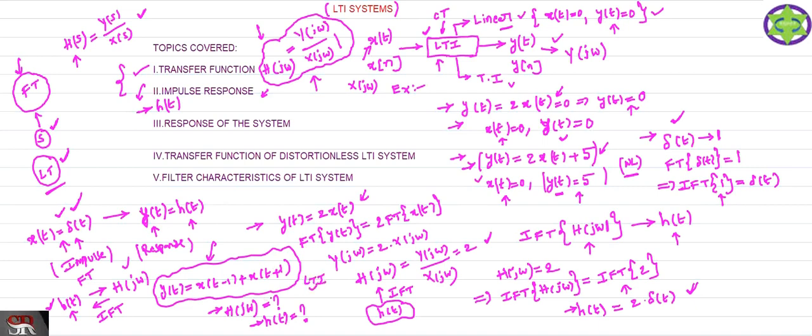If you want, you can check whether this system is an LTI system or not, using the properties of linearity and time invariance. You will find the system is an LTI system. For an LTI system, we define the transfer function and the impulse response. So this is all about the transfer function and the impulse response of an LTI system.